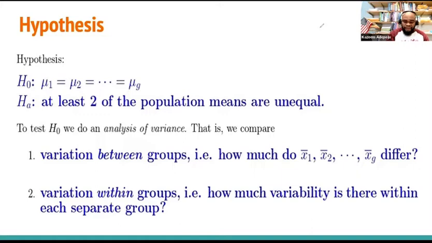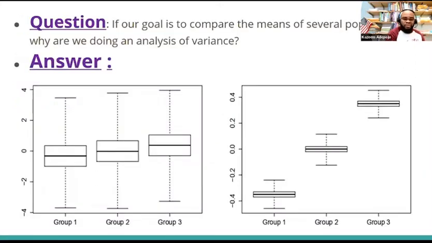Now the next thing I want to talk about is the research question, if our goal is to compare the means of several populations. Why are we doing analysis of variance? I think I mentioned this the other time. This is the same question I asked my professor when I was in college some years back.